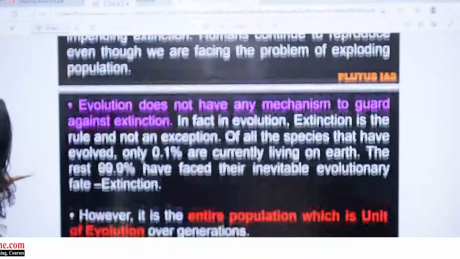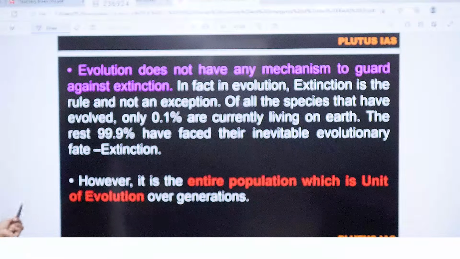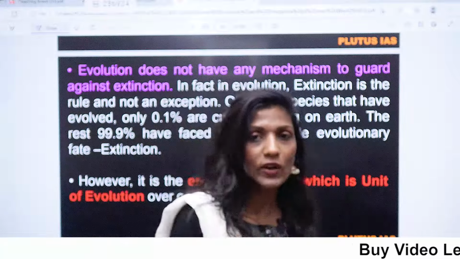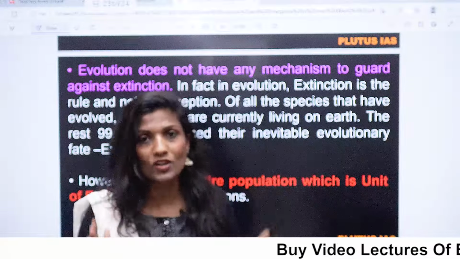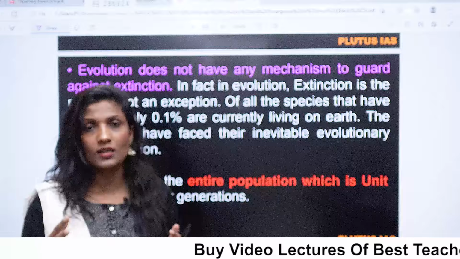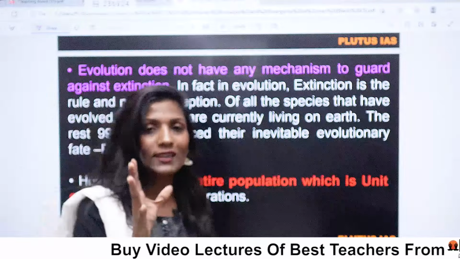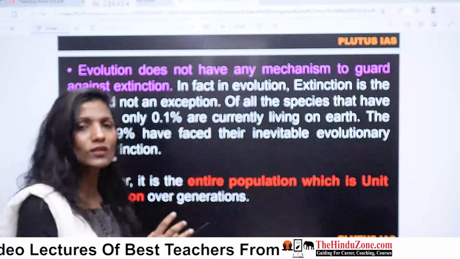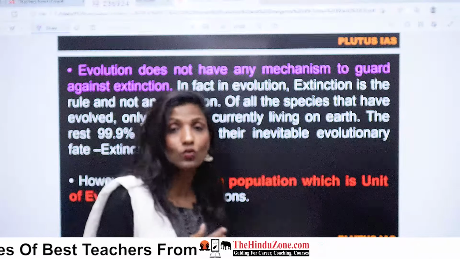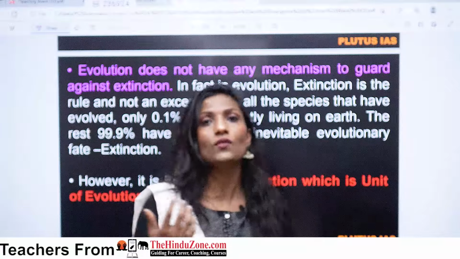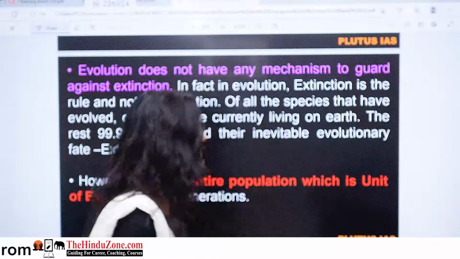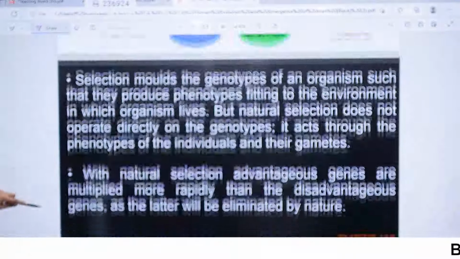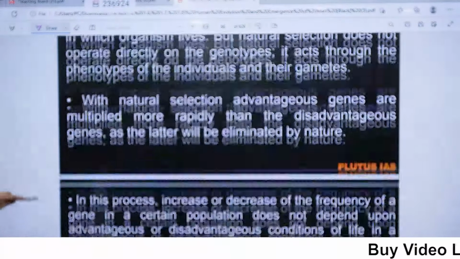It is natural selection which helps us evolve. In natural selection, whatever dominant trait is there will be expressed in our phenotype. During the genetic drift process, which type of genetic material we will have totally depends on natural selection.